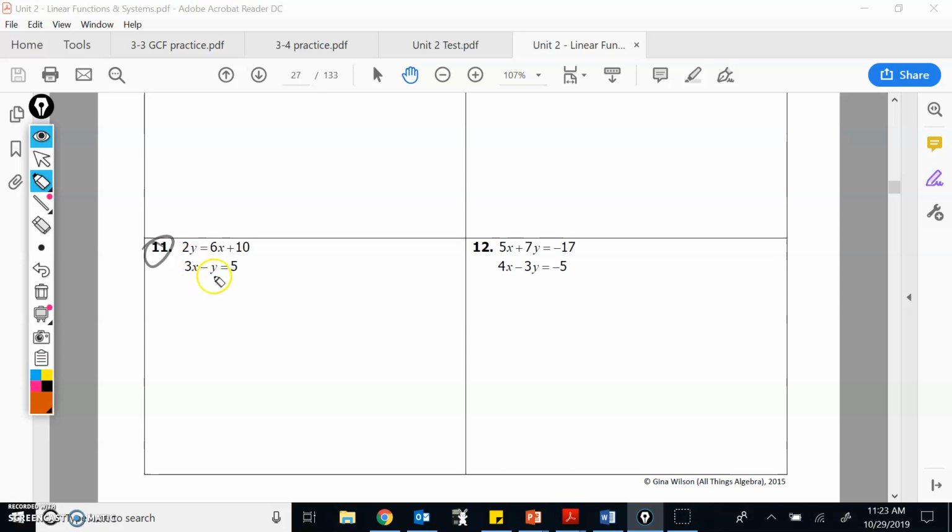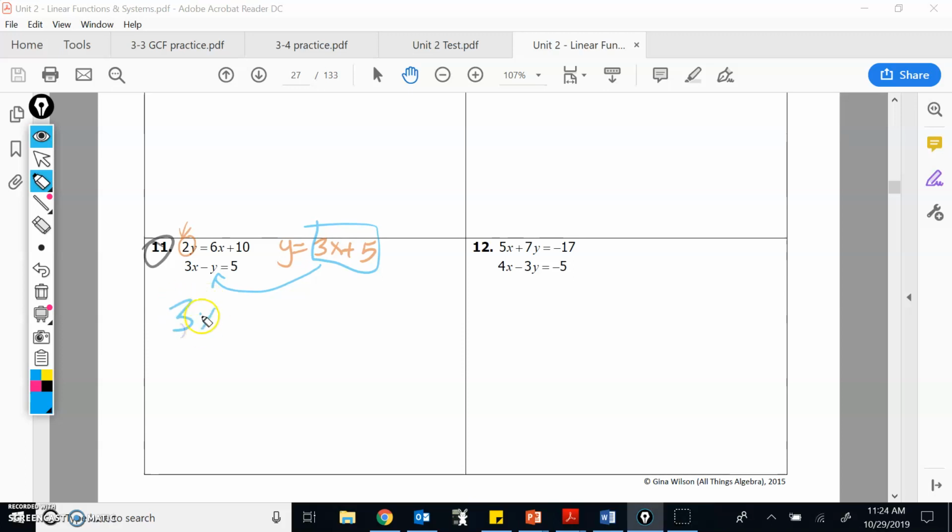You can choose x if it's easier to isolate. I'm going to get this y by itself by dividing everything by 2. So y equals 3x plus 5. And then I'm going to take that quantity and plug it in for y in the other equation.